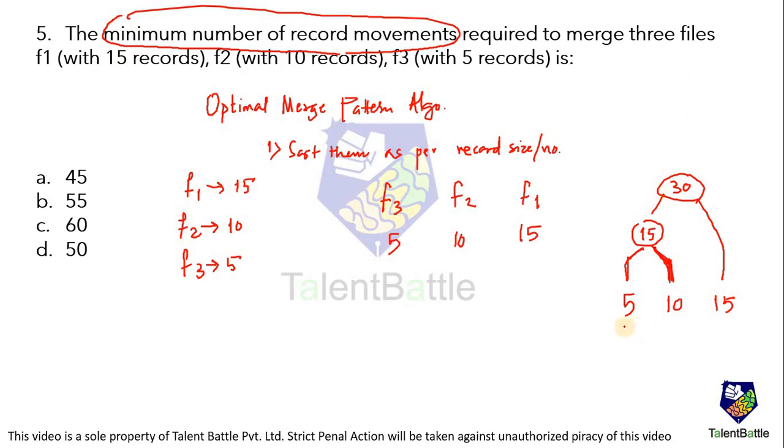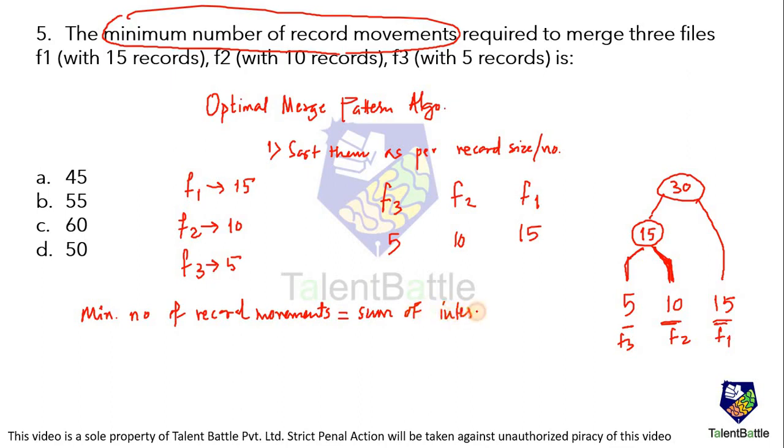Now, this is F3, this is F2, and this is F1. All these are child nodes. The basic formula to calculate the minimum number of record movements is equal to the sum of internal node values.